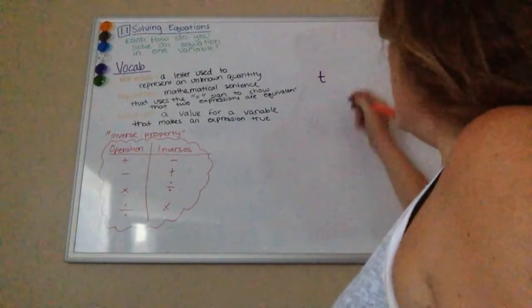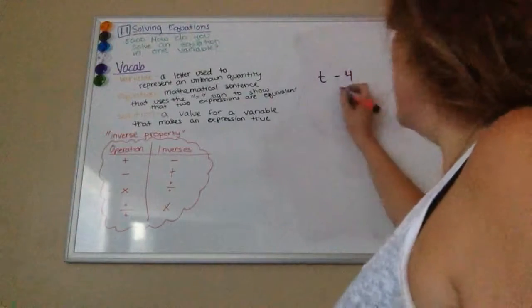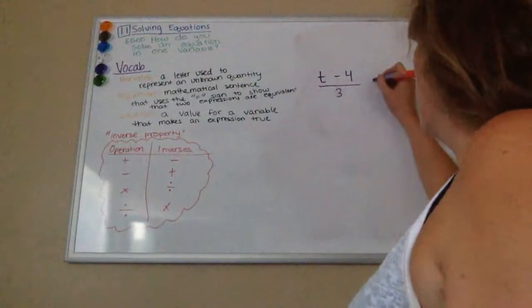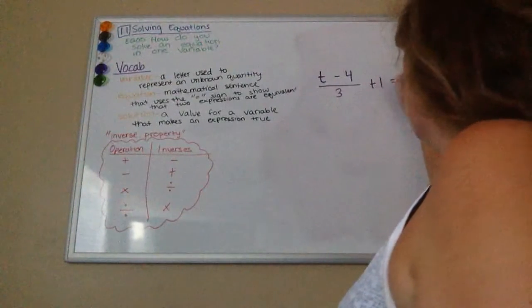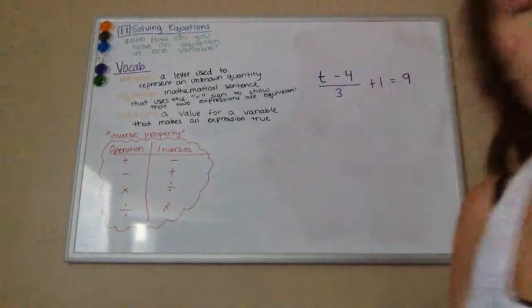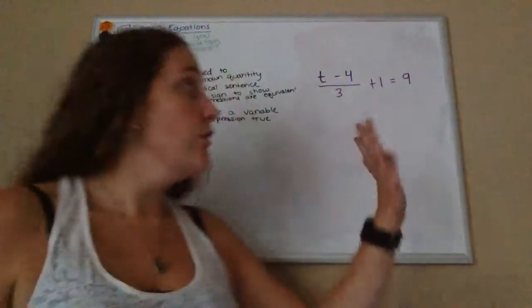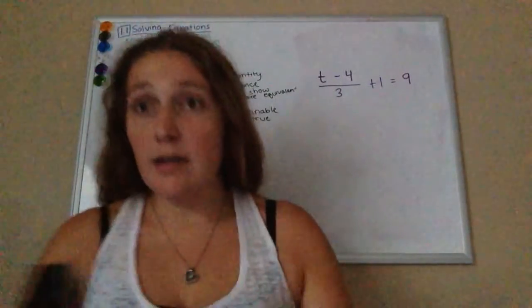So we've got t minus 4 divided by 3 plus 1 is equal to 9. Alright, so try that out, see what you get. So pause the video right now, go ahead and work that out, and then when you're done, come back to the video. It should be on the left-hand side.